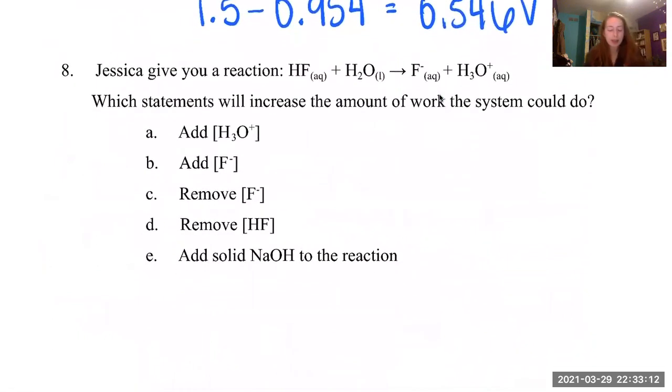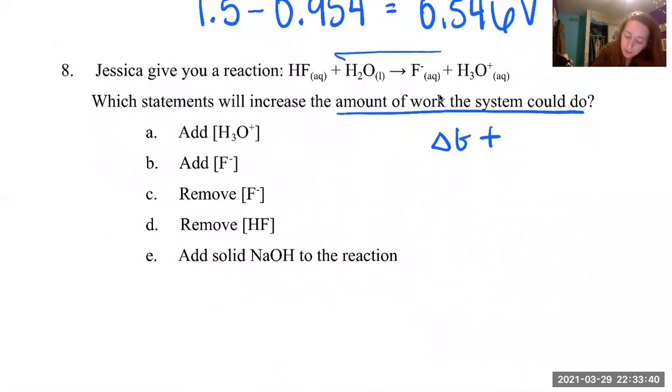Number 8 is asking, how do we increase the amount of work in a system? And if you remember the review session, in a system, the way to increase the work is by increasing delta G. We want delta G to be more positive. We want it to increase. Not decrease, not become more spontaneous, become less spontaneous. So the way to do that is by driving this reaction backward, okay?